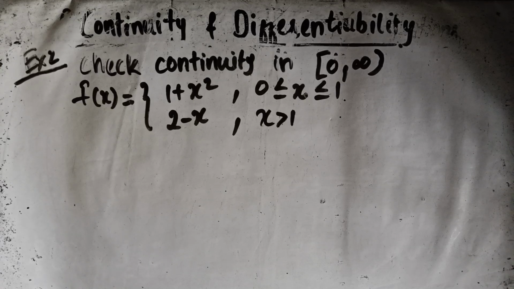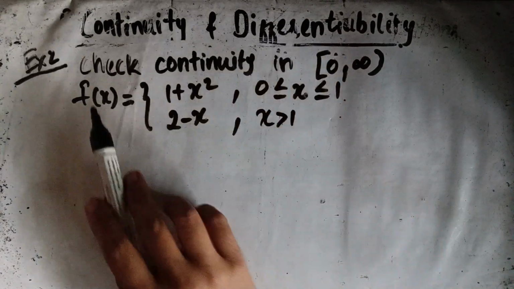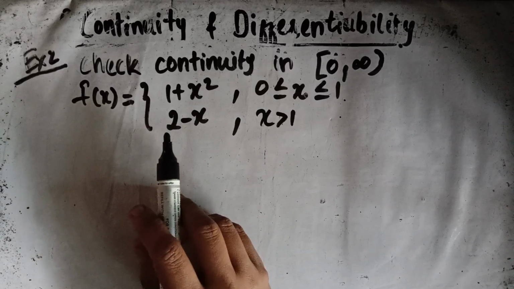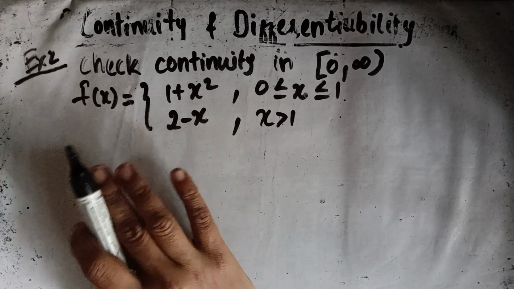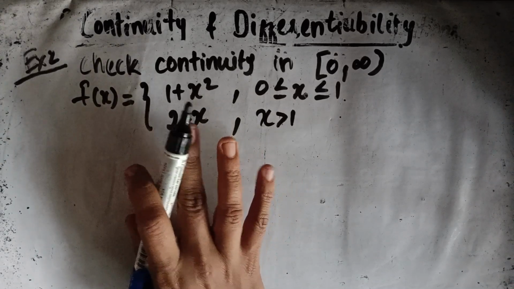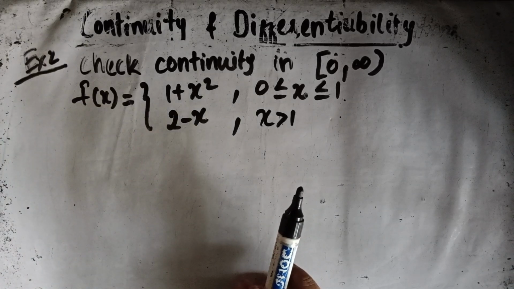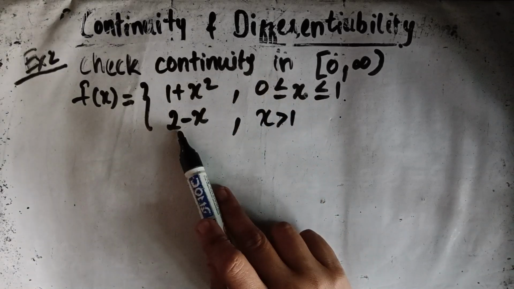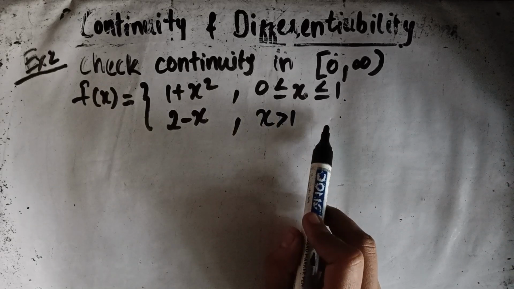Here you have to check the continuity in the interval 0 to infinity. Okay, and these functions are given. Now we have seen that it is in the textbook that every polynomial function is continuous. Okay, so both these are continuous functions, right? So this function is continuous in this interval, and this 2 minus x is continuous in 1 to infinity, right?